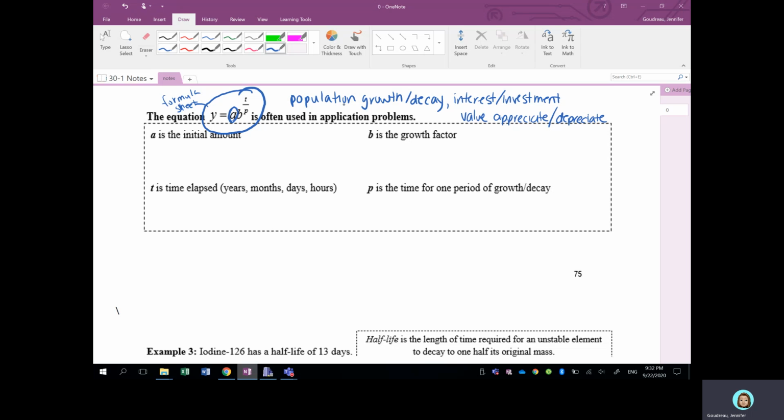If we're talking about an amount of a substance that's decaying, that amount at the beginning is our initial amount. It's our A value. If we're talking about an investment question, the initial amount of money invested would be your A value, and the initial value of the object would be your A value. So the initial amount is the amount at the start of the problem.